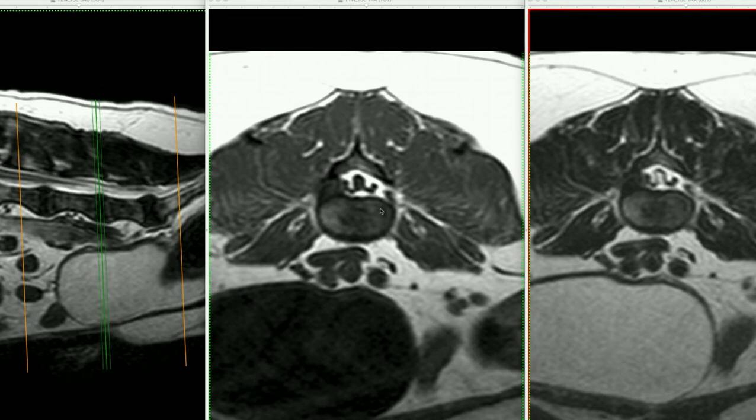If we have a look at the transverse plane images, here we have the transverse T1 and the transverse T2 weighted images through the L6-7 intervertebral disc space. We can see very nicely on the transverse plane images that we have this quite severe foraminal stenosis on the right at L6-7.